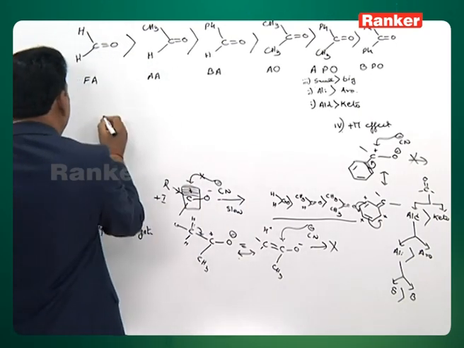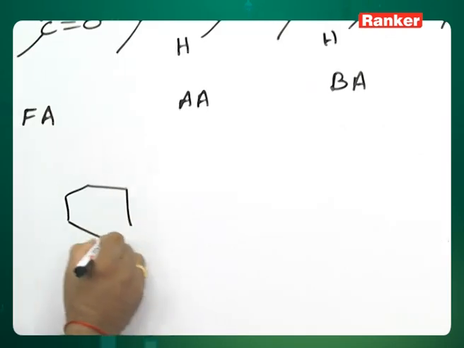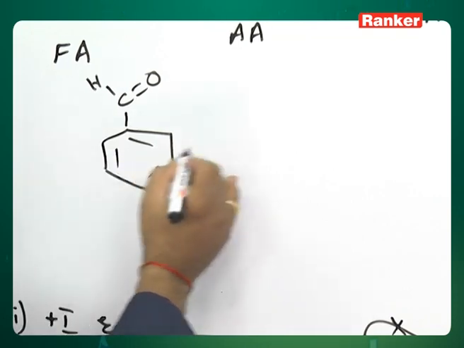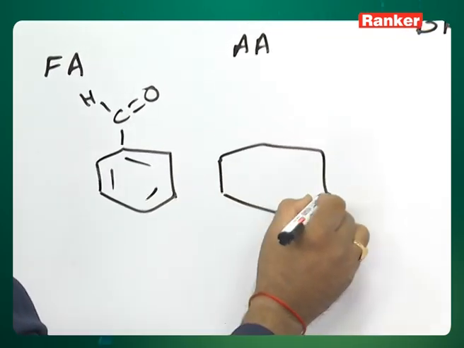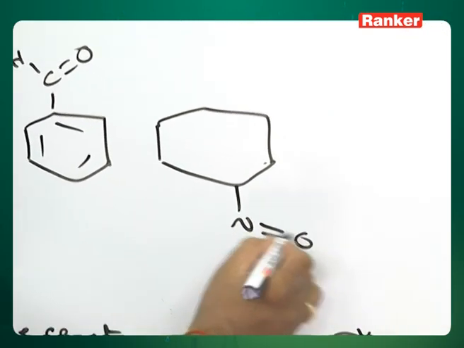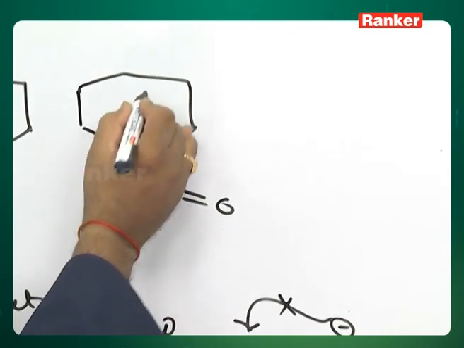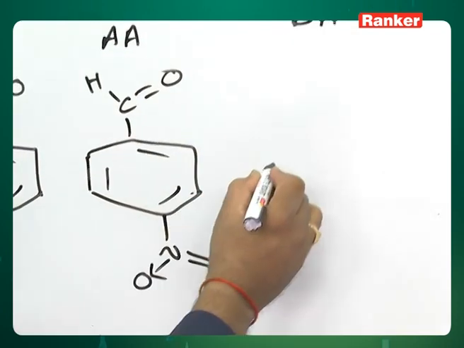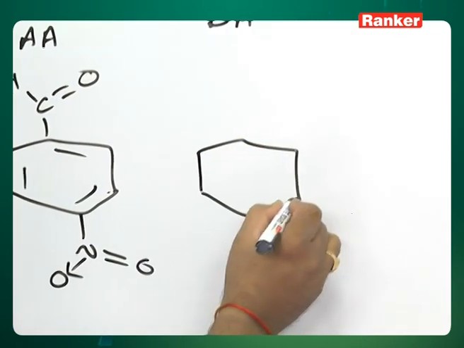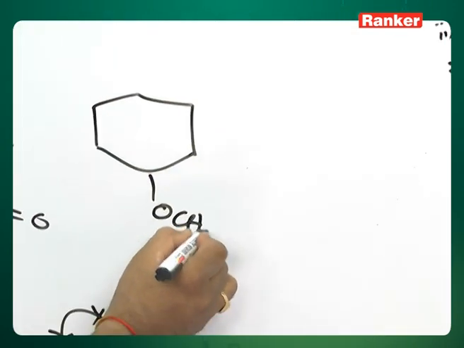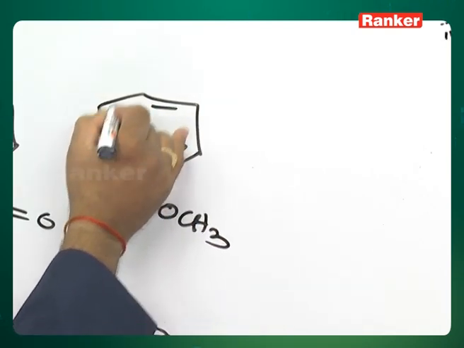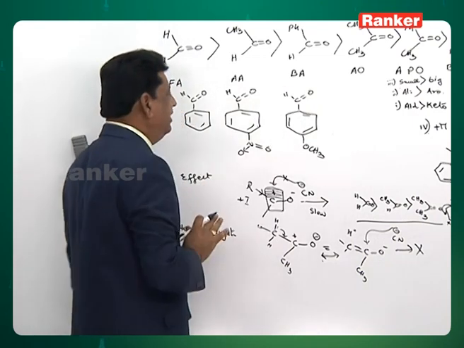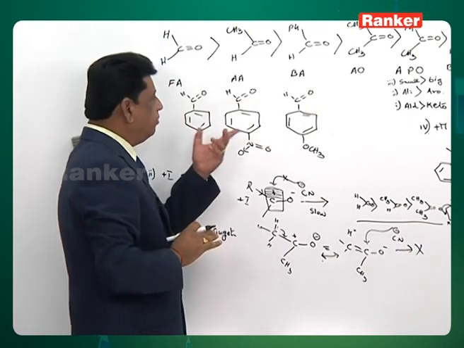One benzaldehyde has no group, another has a nitro group, nitrobenzaldehyde, right. Another has a methoxy group, OCH3, para-methoxybenzaldehyde. All are aldehydes, all are aromatic.